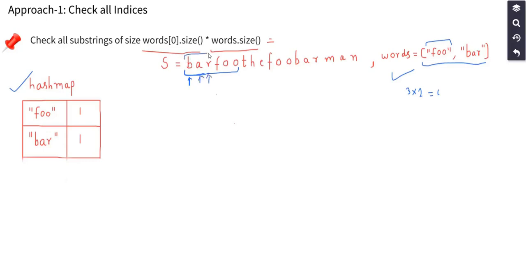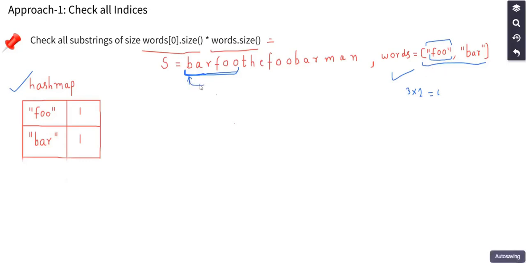So we would check if the given word is present in the hash map or not. So we choose the first substring of size 6, then we make jumps of word length. So starting from this index, we make jumps equal to the size of the word that we have. So the size here is 3, so we have to choose 3 characters.